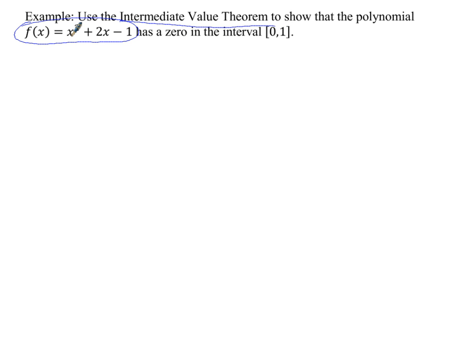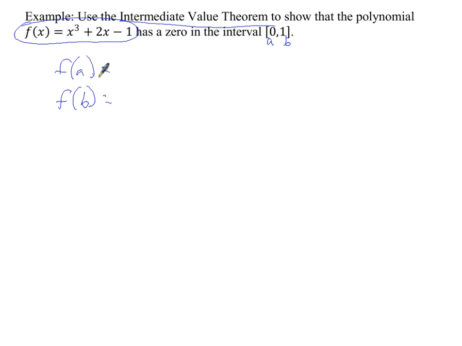Okay, I don't even need to graph this thing because I'm using the intermediate value theorem. The intermediate value theorem tells me I need my interval, which in this case is 0 to 1. So this is A, and this is B. I need f at A. I need f at B. So what am I going to do?